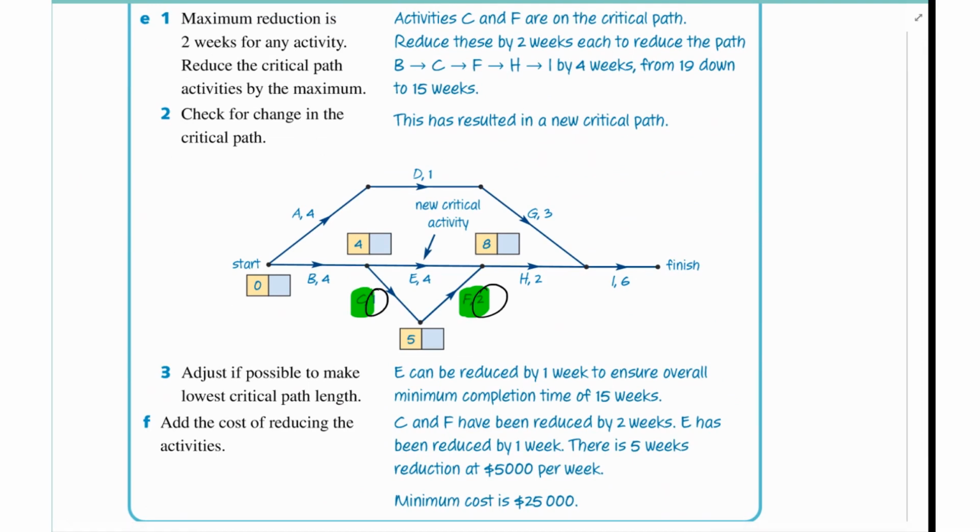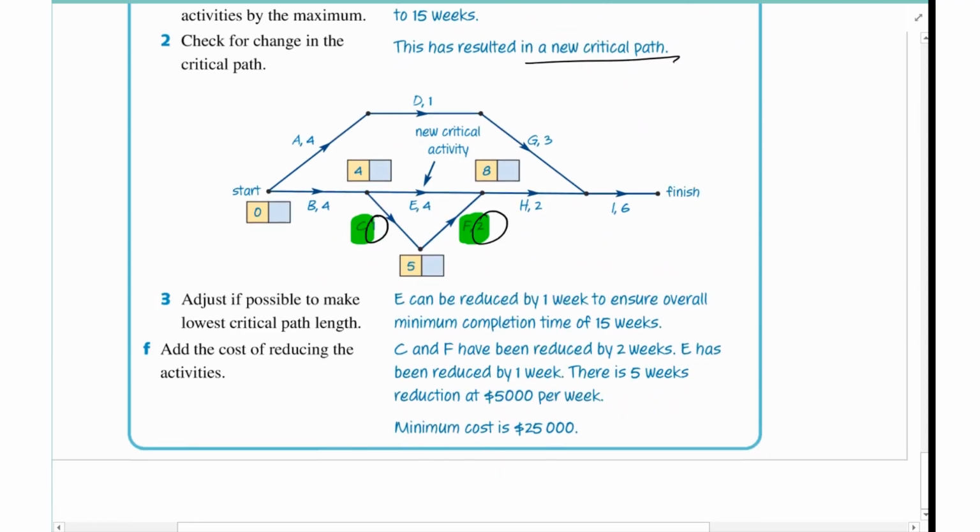The thing you need to look at when you crash is that you can often make a new critical path. So I'm going to go 4, 4, so that's 8, 12, and 6.